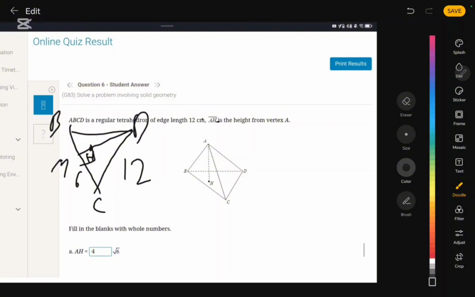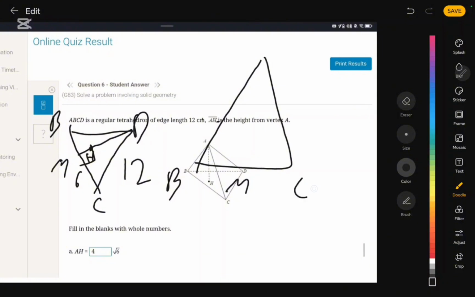Okay, so now let me draw it like this now. The same triangle, so B, M, C, D, and H right here. So now we know that DM equals 6 radical 3.